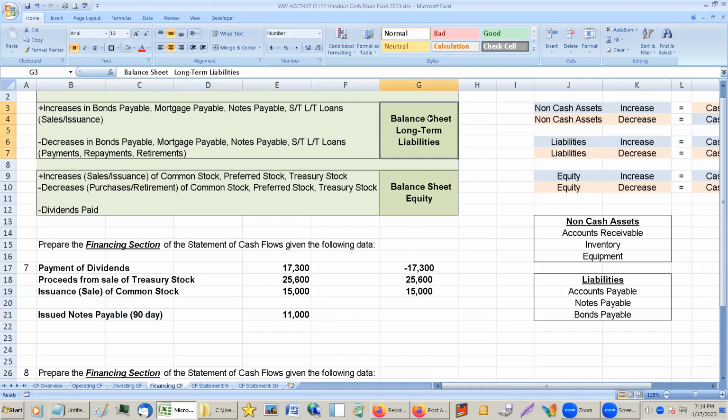Even though this section is generally for long-term liabilities, short-term borrowings also go in the financing section. You'd say, wait, that's a current liability, and it is. It's 90 days. It's a current liability.